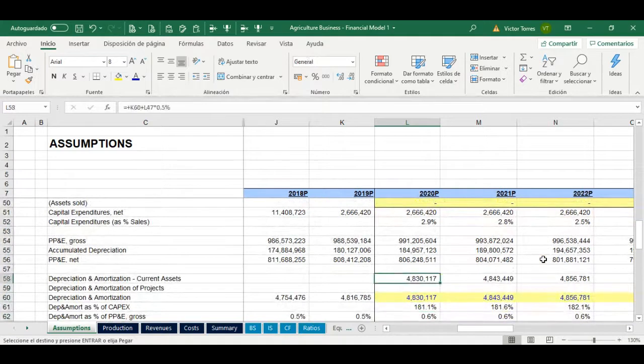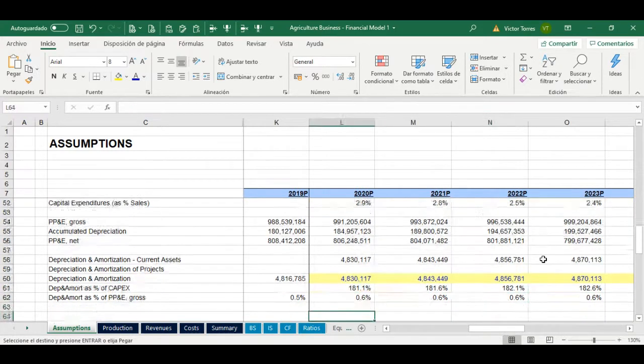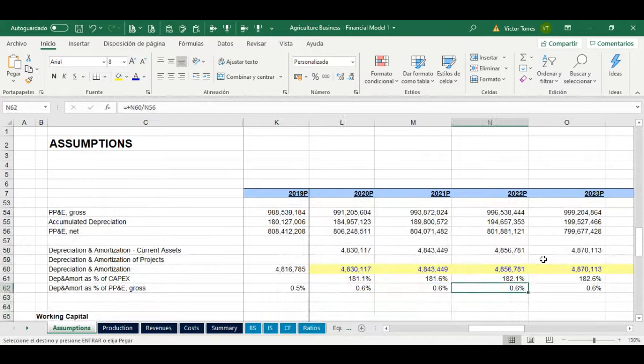And in general, to come up with the depreciation, what we are going to be considering here is a percentage of capex, a percentage of PP&E growth, to figure out how much depreciation we are having as part of our normal operations. As you can see, as part of the PP&E growth, it's a very good estimation.